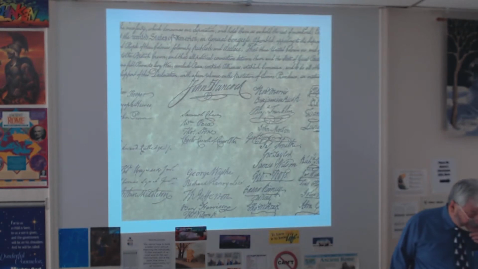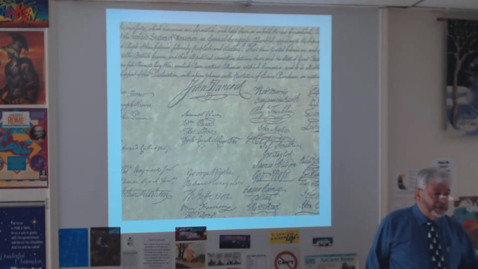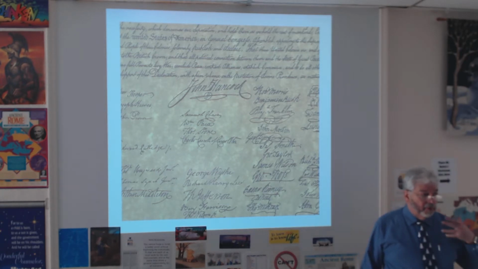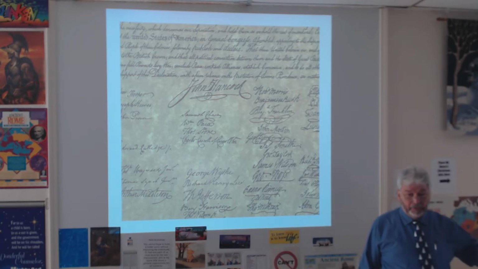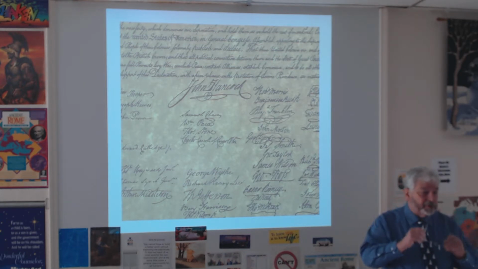I won't take time to do it today, but there's a very interesting narrative of what happened to many of the men who signed this declaration, who pledged to each other their lives, their sacred honor. Many of them were driven from their homes. Some of them saw their own families killed or imprisoned.